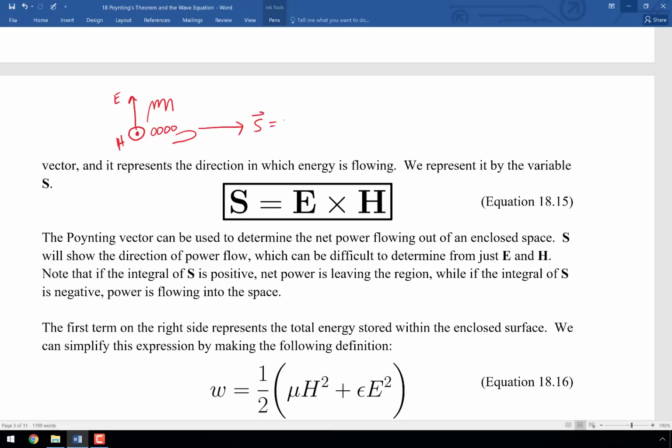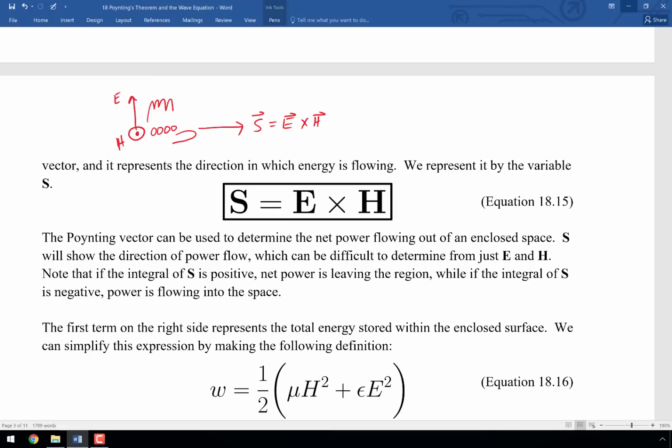So S equals E crossed with H. And so I can see that if I have an E that's pointing upward and an H that's pointing out of the page, then that's going to result in power flowing toward the right. That's not at all apparent.